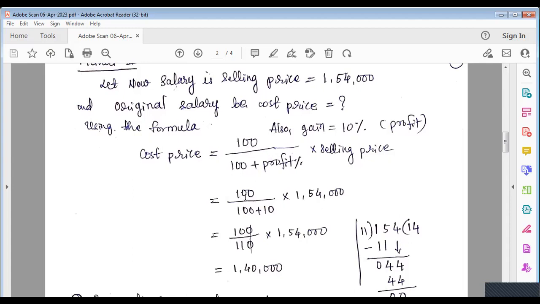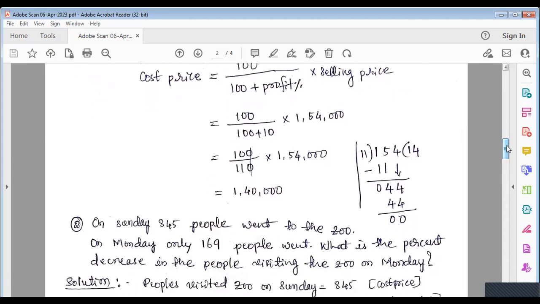Profit percent is 10 here because there is a 10% increase in his salary. And this is multiplied by 1,54,000. 100 divided by 100 plus 10, it is 110. So 100 divided by 110 into 1,54,000, and the zeros get cancelled here.